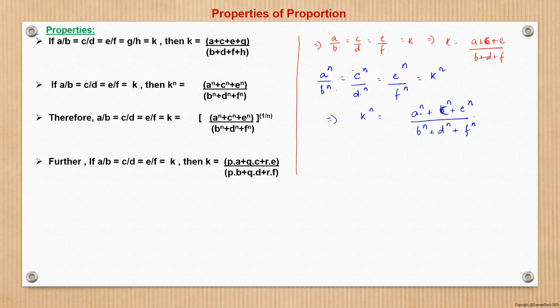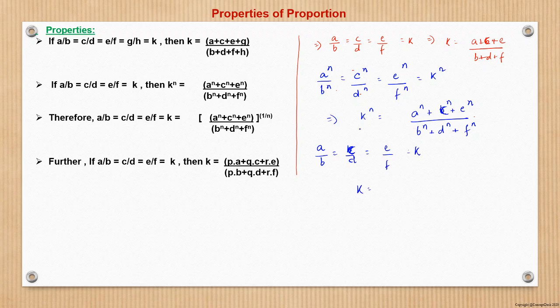So now our original equation was a by b is equal to c by d is equal to e by f is equal to k, and k raised to power n is this quantity.